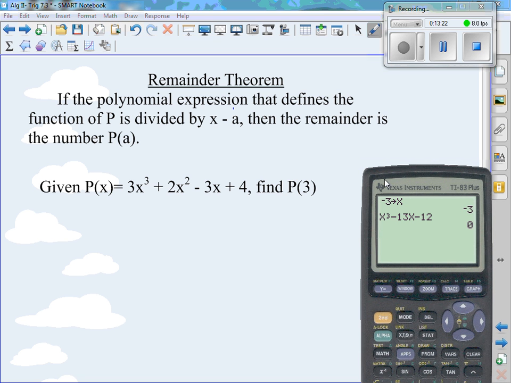So find P of 3 both ways. To solve this, first thing I'm going to do, synthetic division. 3, 2, negative 3, 4.